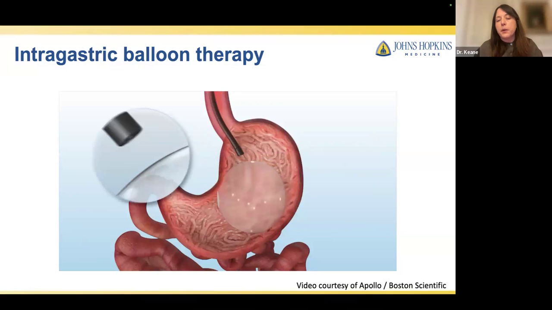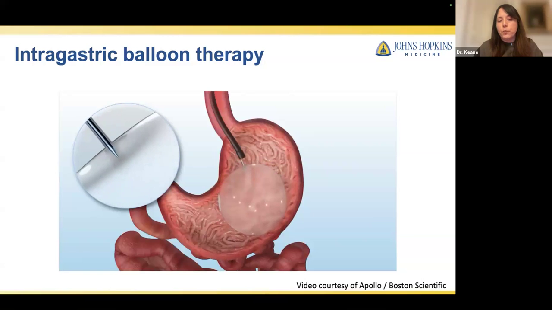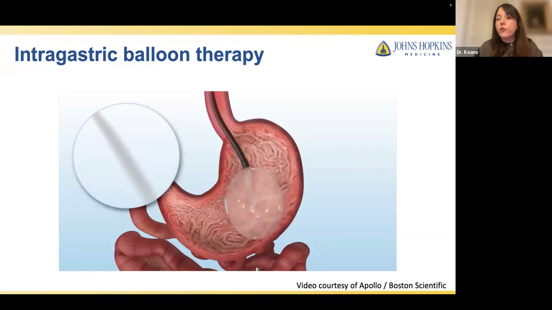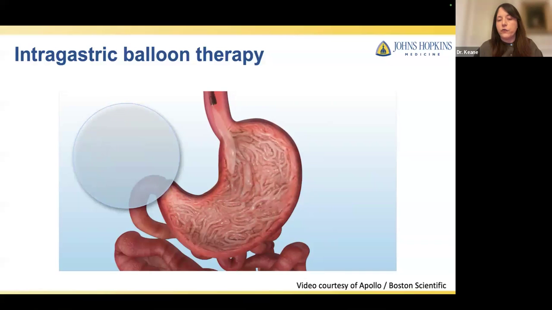The balloon stays in place for about 6 months. Then, at the end of that, we perform another simple endoscopy, puncture the balloon, insert a catheter into the balloon, and remove all the fluid that we've inserted, shrinking the balloon down. Then we simply grasp the balloon and remove it again via endoscopy.